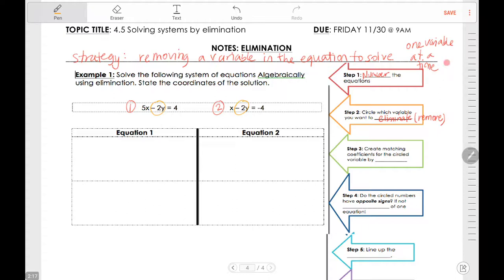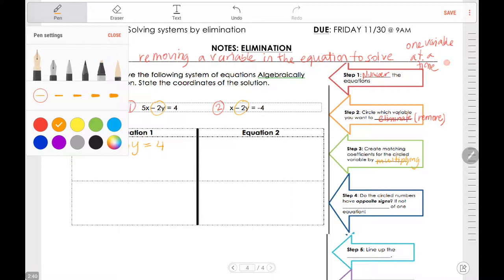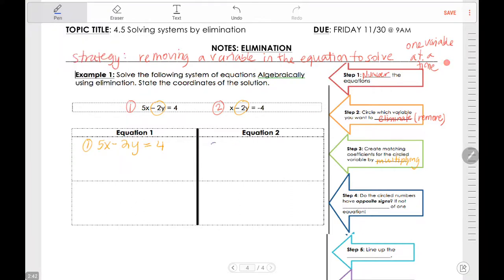So step 3 is to create matching coefficients for the circled variable by multiplying. Stick with me here. This can get a little confusing because it's not something we've seen before. So my equation 1 was 5x minus 2y equals 4. In case you guys can't see this color, equation 2 is x minus 2y equals negative 4.